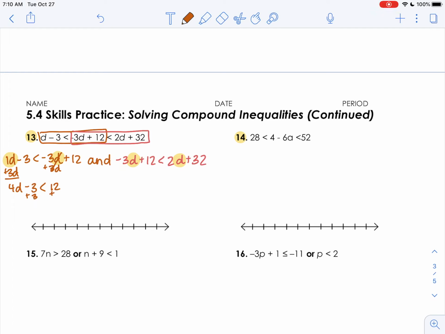I'm going to add 3 to both sides. 4d is less than 15. And then I'm going to divide both sides by 4. So I get d is less than 15 over 4.